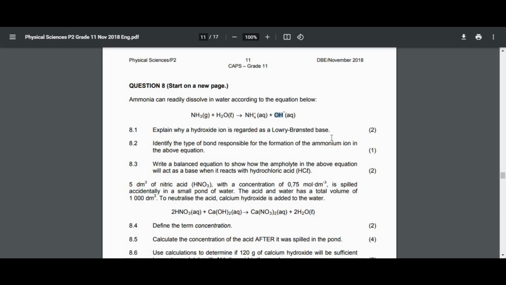Just to identify, ammonia is the base and water is our ampholyte. It's acting as an acid here, as it gave a proton to ammonia to become ammonium. But that's not the question. They say identify the type of bond responsible for the formation of the ammonium ion in the above equation. That's just 1 mark.